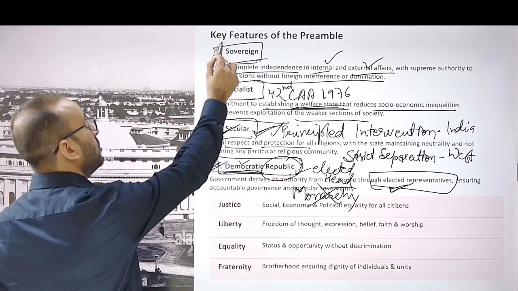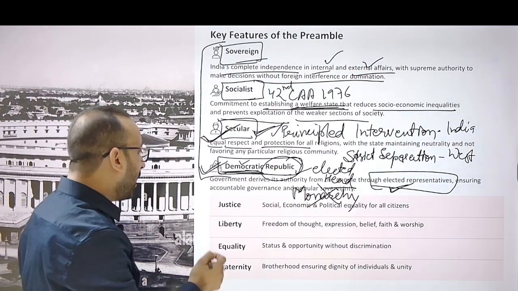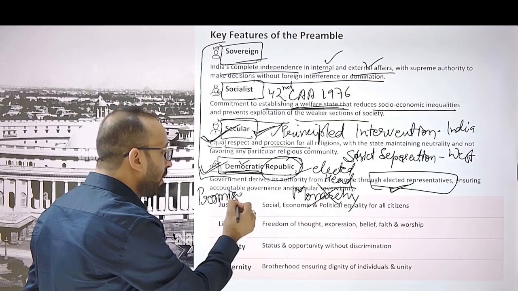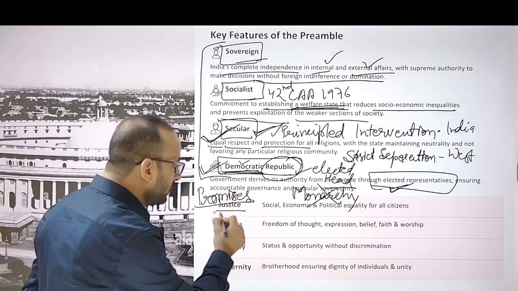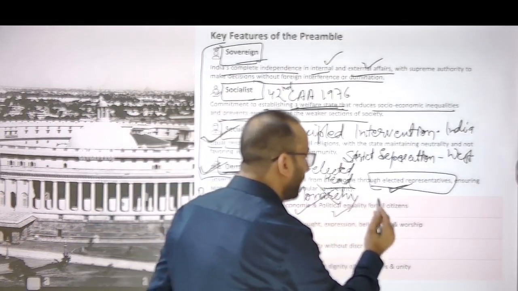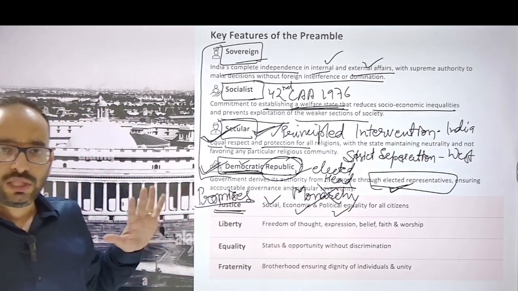So these are the key features of the preamble. Then there are other things which the preamble promises to the people of India. What promises has the preamble made? That it will ensure justice related to social, economic, and political equality to all citizens. Political, we have seen that every vote counts equal.